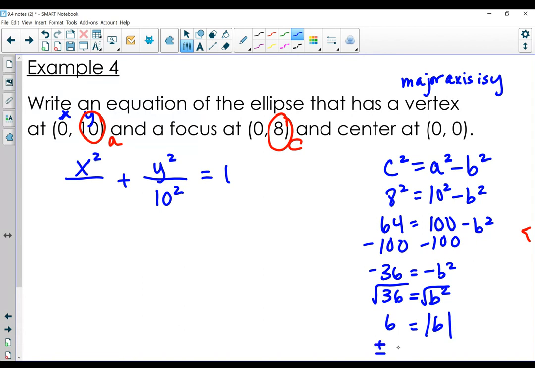So plus or minus 6 will be equal to b. So I know that this is for my minor axis, which I know is actually the horizontal axis. And so I have x squared over 6 squared. And I want to simplify. X squared over 36 plus y squared over 100 is equal to 1.